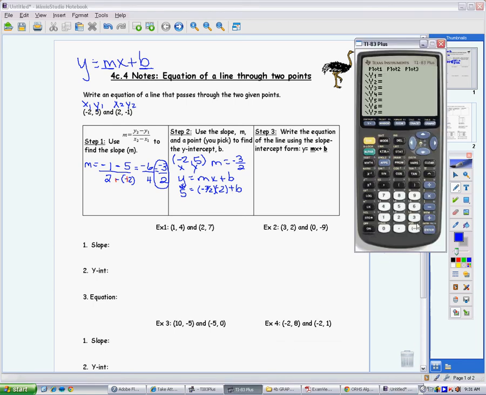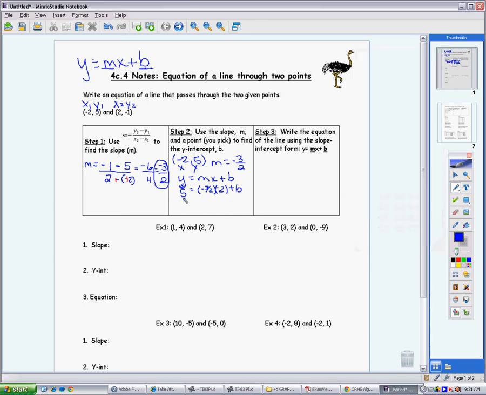I'm going to type in -3 divided by 2 times -2, and I get 3. So now I've got 5 equals 3 plus b, and then from here we're going to solve for b. I'm going to subtract 3 from both sides, and I get 2 is equal to b. Okay, so my y-intercept is at 2.